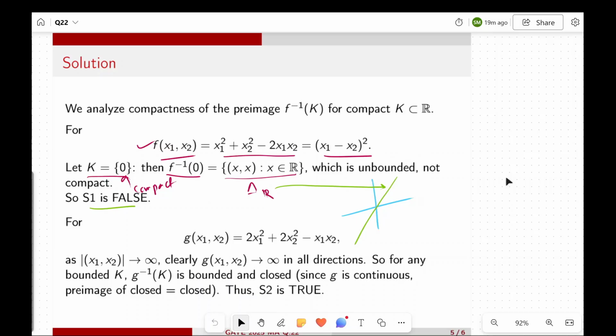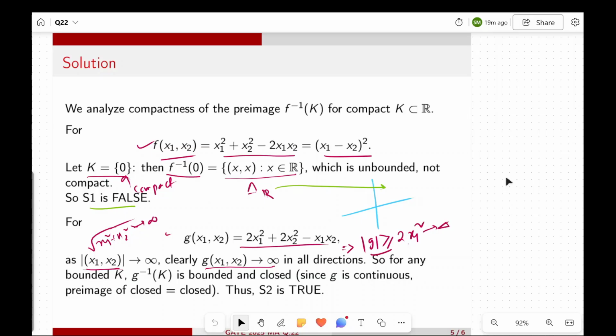Now for the second statement, the function g is given as follows. Observe that this thing can be written so that |g| is greater than or equal to 2 times x1 squared, which is quite obvious. So as soon as we have the pair (x1, x2) with its norm going to infinity, where the norm means x1 squared plus x2 squared, immediately we can say that g1, g2 go to infinity, because |g| is greater than or equal to 2 x1 squared, and this is going to infinity.